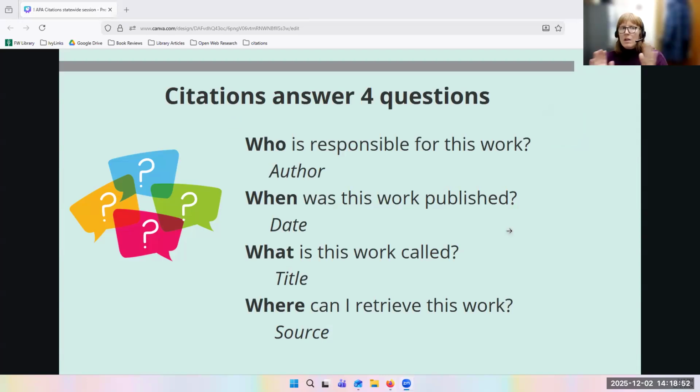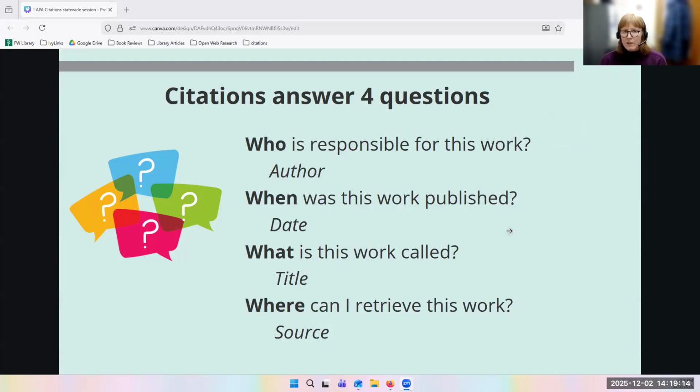Okay, so every citation answers 4 questions of the source that you're using. Who is the author, or who is responsible for the work, right? Or the author. When was the work published, which is the date? What is the work called, which is the title of the source?